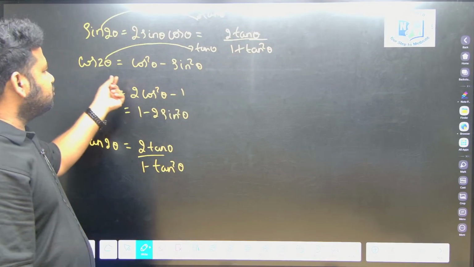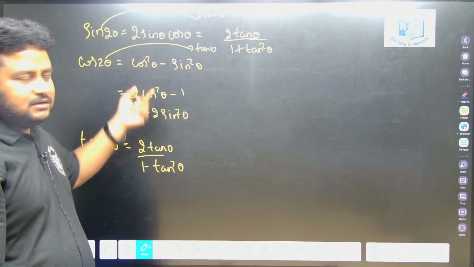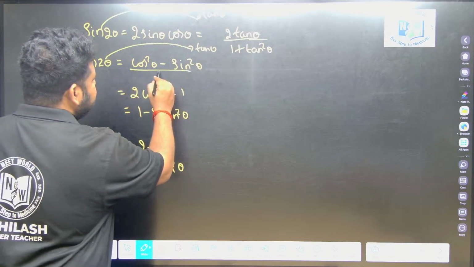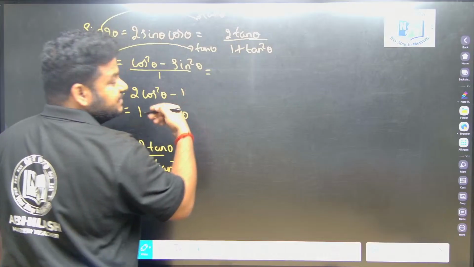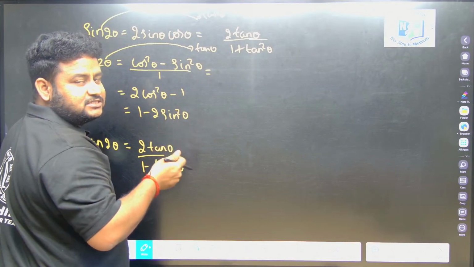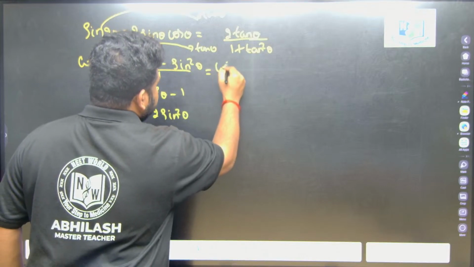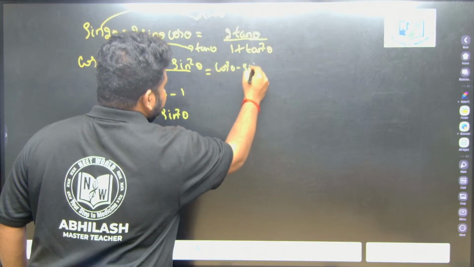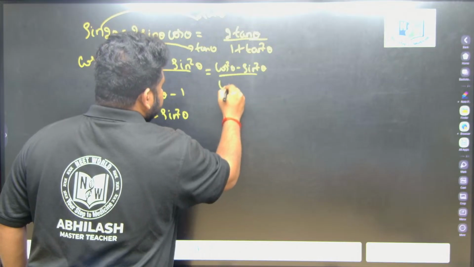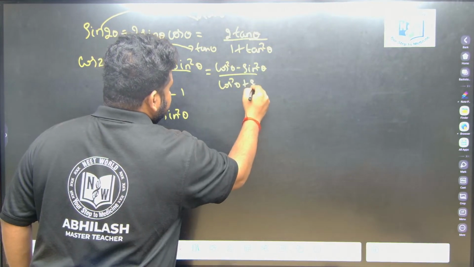Now what about cos 2 theta? Cos 2 theta can also be written in terms of tan. How? See here, there is 1, and 1 I can write using the first identity, sin square theta plus cos square theta. That will give us cos square theta minus sin square theta divided by cos square theta plus sin square theta.